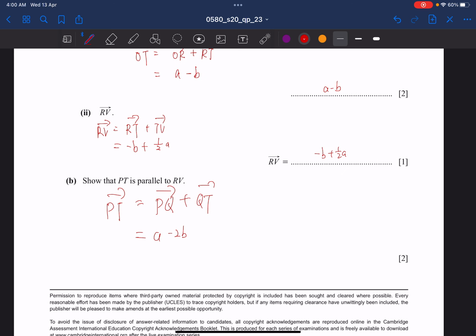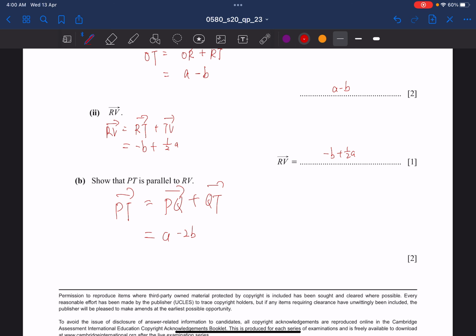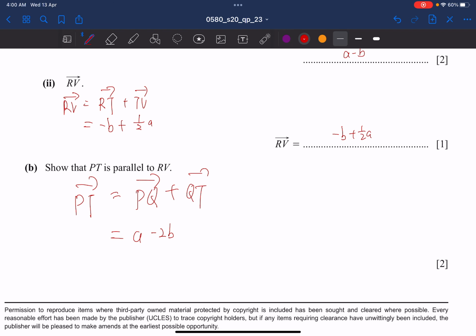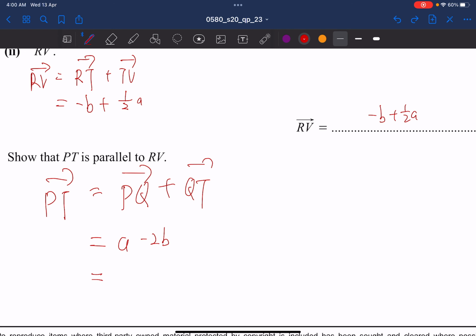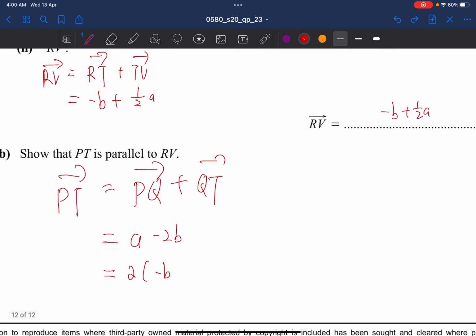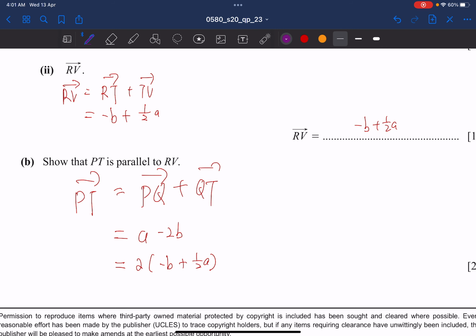RV is this thing. As long as this is it, we factorize out a 2: this becomes negative B, and this becomes 1/2 A. Why do we do this?